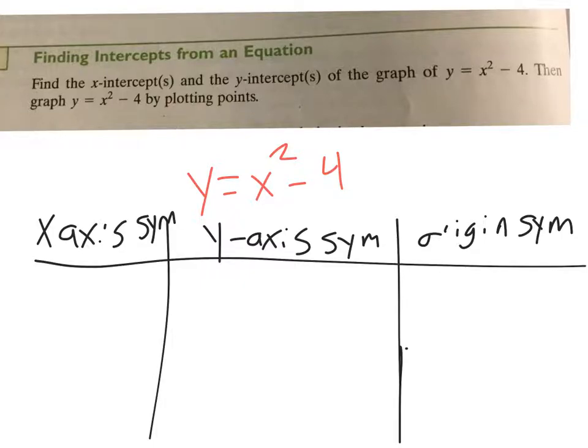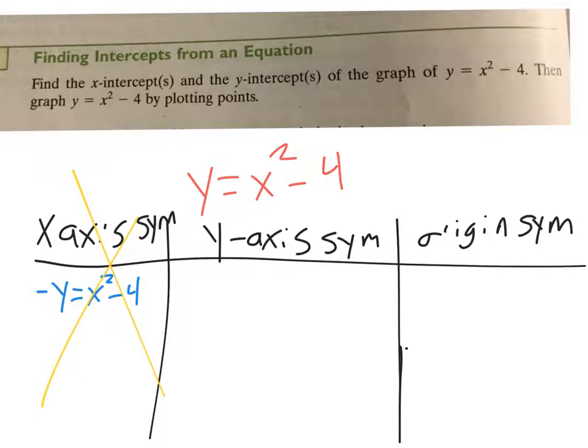Our original equation was y equals x squared minus 4. If it has symmetry with respect to the x-axis, then negative y is going to equal x squared minus 4. Now, is this statement and my original statement saying the same thing? They are not. This one is positive y, this one is negative y, and they do not say the same thing. Therefore, there is no symmetry with respect to the x-axis.